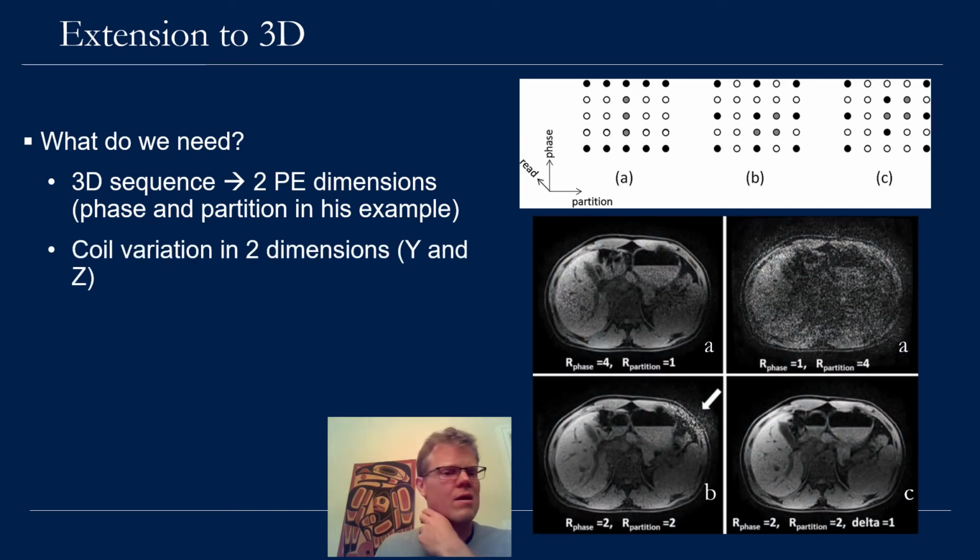In this example, the coil variations are in Y and Z, so the Y is the phase, and the X is the partition.